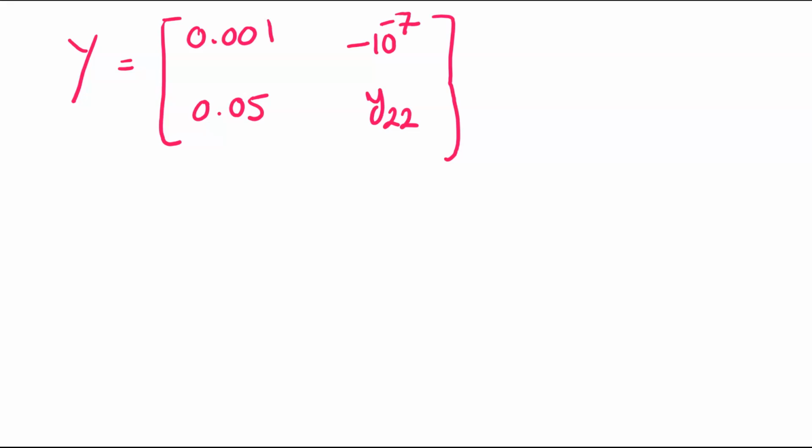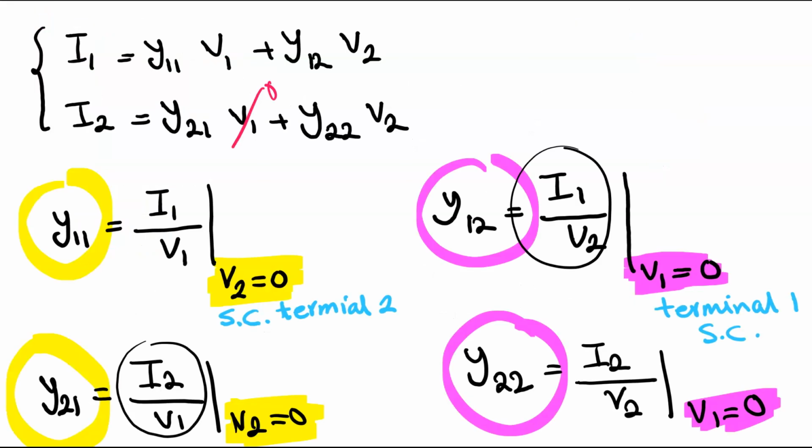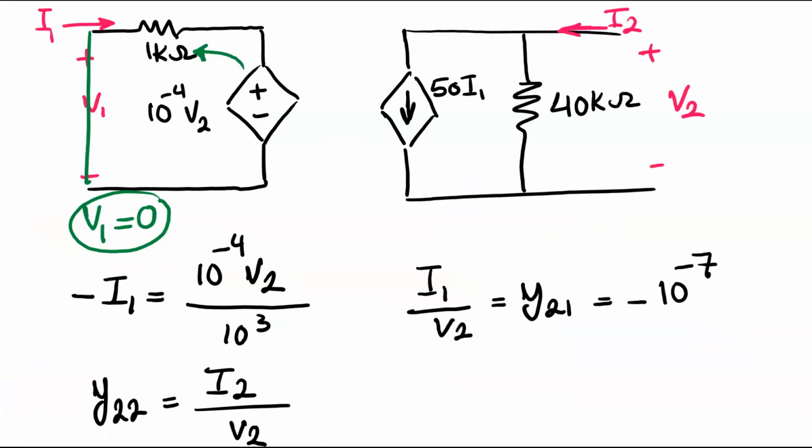Now the last parameter I have to solve the circuit for is y22. So I'm looking for y22 here, and y22, according to my set of equations, is equal to I2 over V2 when V1 is equal to 0. So I'm going to go back to the right hand side of the circuit.